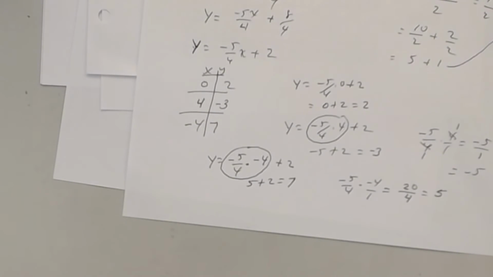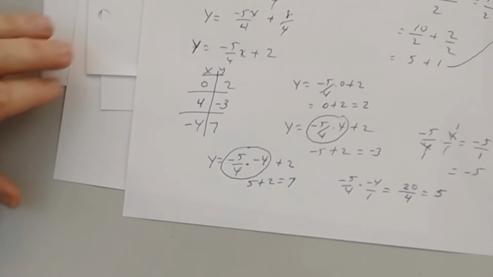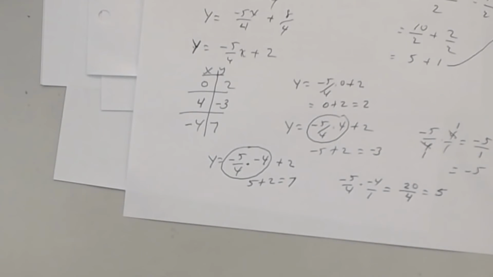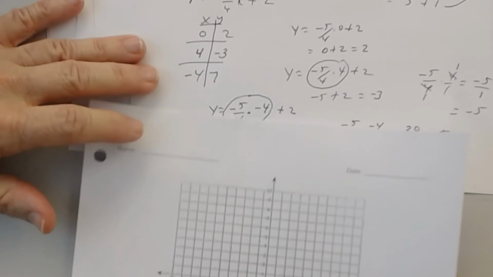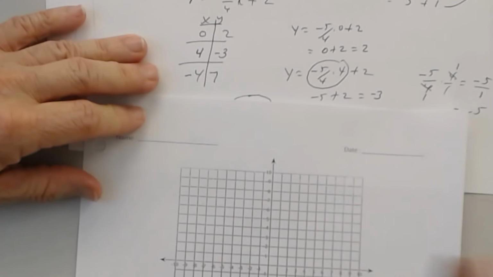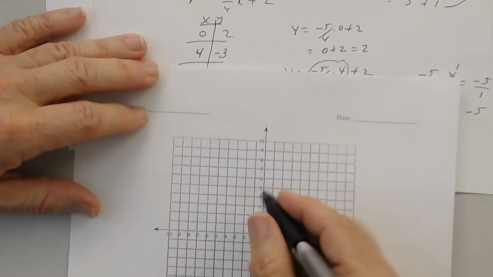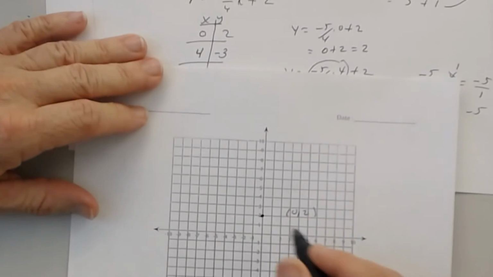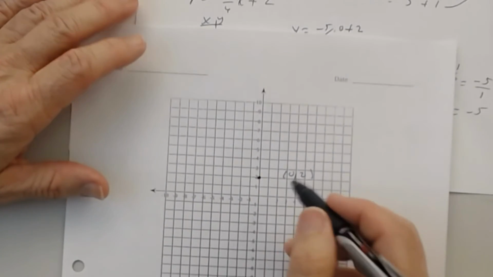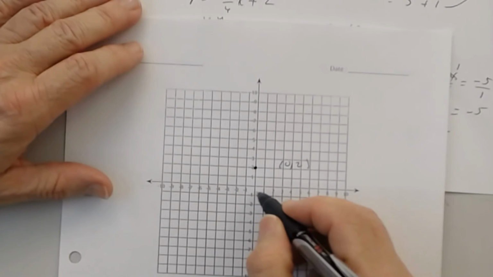All right, and then you plot those 3 points, and then you have your line. I'm going to plot those points. And when I plot the points, so 0, 2 is on the positive x-axis. 4, negative 3 is in what quadrant? 4th quadrant.